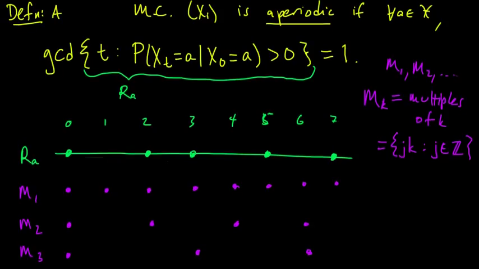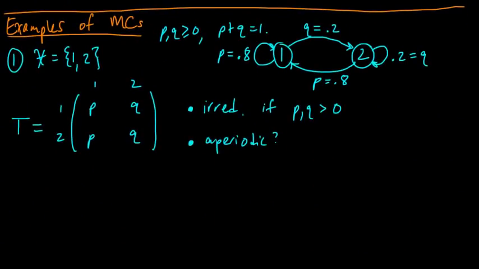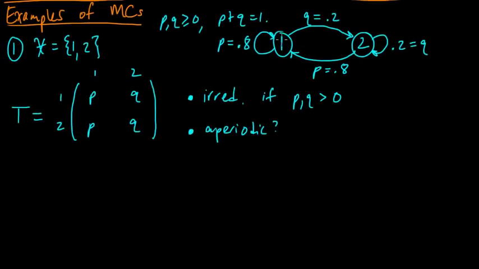And let's check that on our little example here. So for state 1, if we start out at time 0 at state 1, then at time 1, we can also be in state 1 with positive probability.